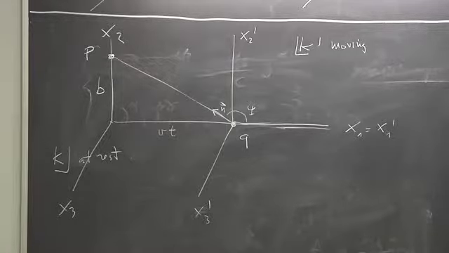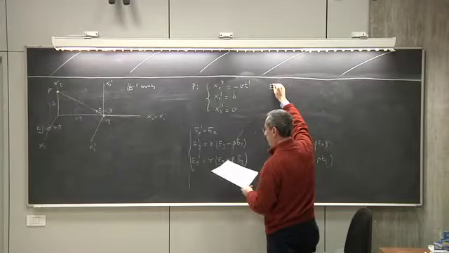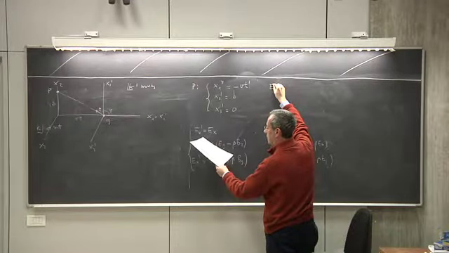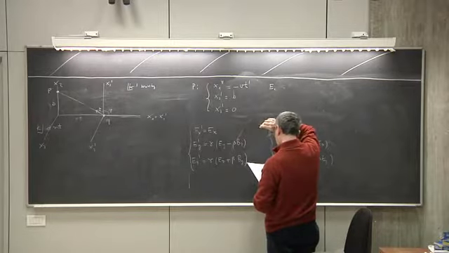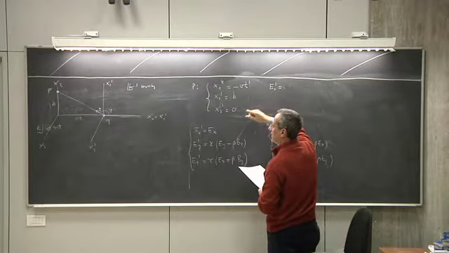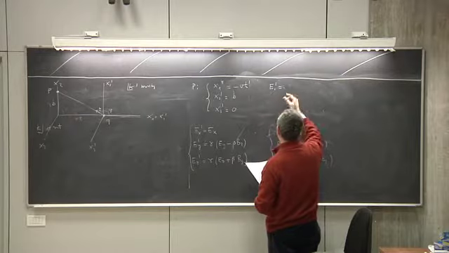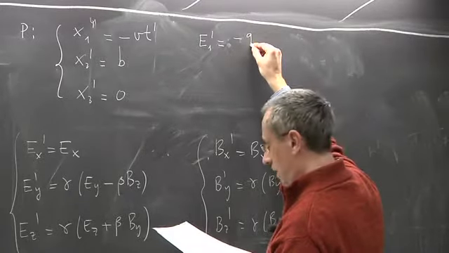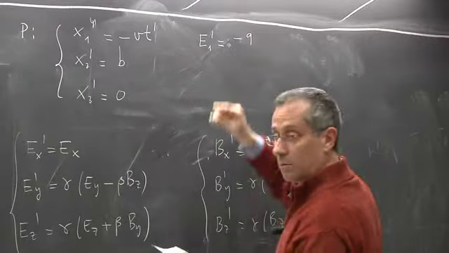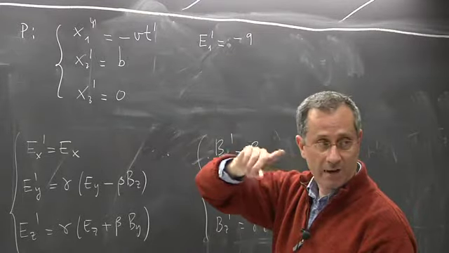So now E1 prime, in the moving frame prime, is just, let's say, minus Q. How should I write this? It is Q divided by R square, right?